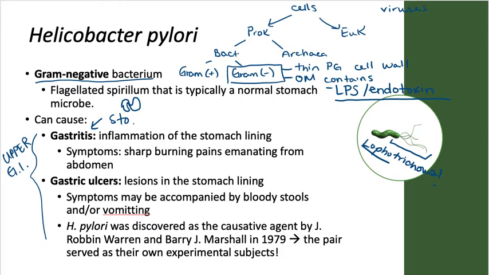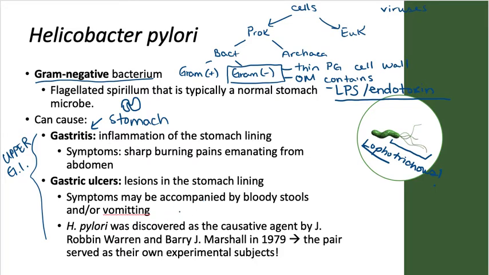Same thing with gastric ulcers. Gastritis is the more mild form of the infection. It's an inflammation and infection of the stomach lining. Symptoms include burning pains emanating from the abdominal regions, whereas an ulcer is a lesion in the lining, and you'll have the same symptoms as above, but also potentially bloody vomit or bloody stools.